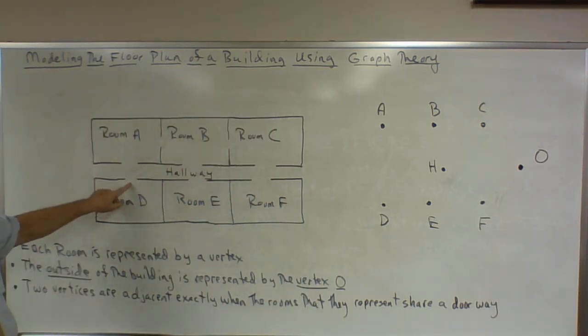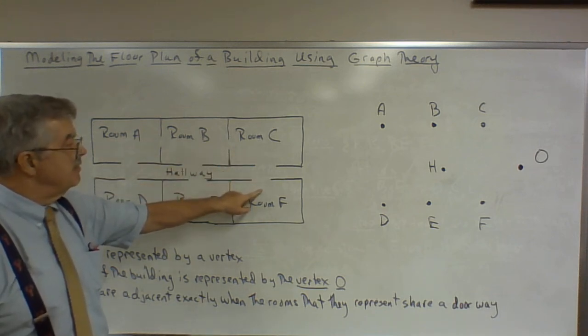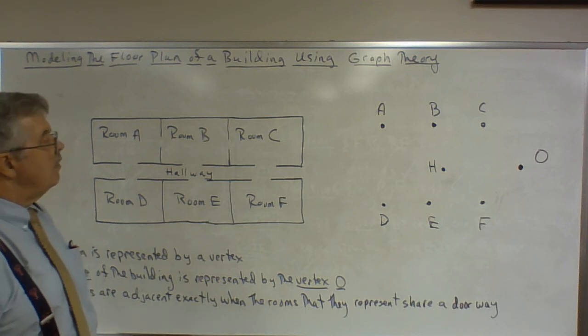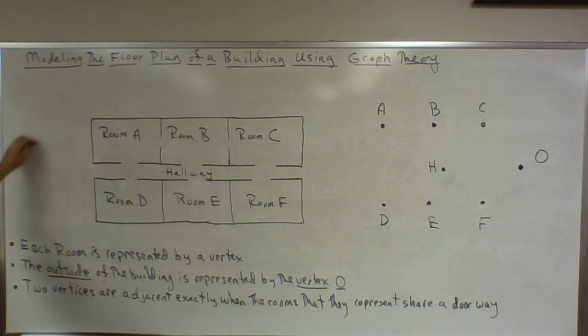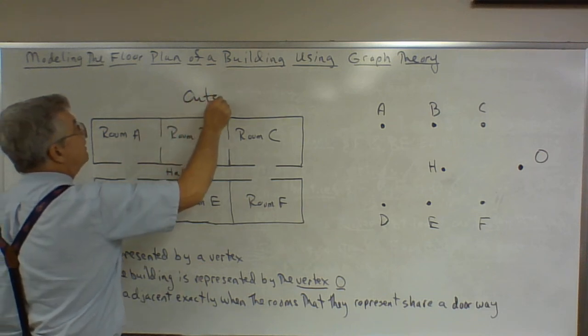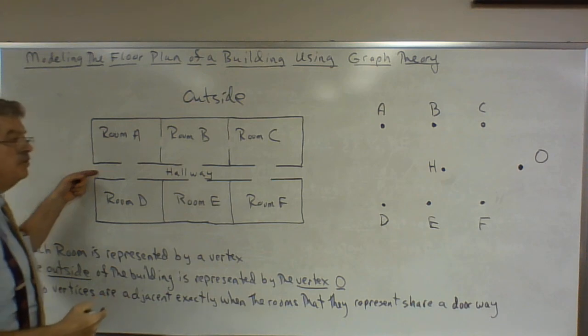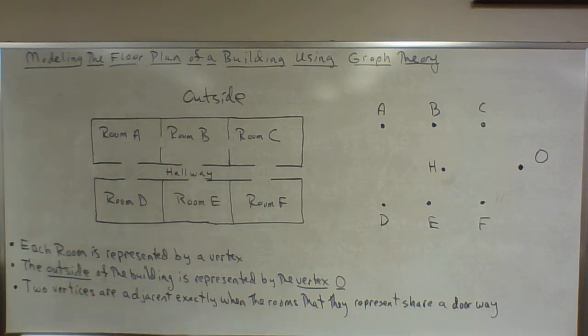Notice that every room, A, D, B, E, C, F, is connected to the hallway, as is the outside of the building. Here's the outside. And it's connected to the hallway by two doors, actually.